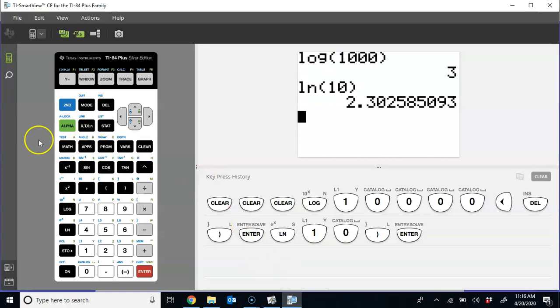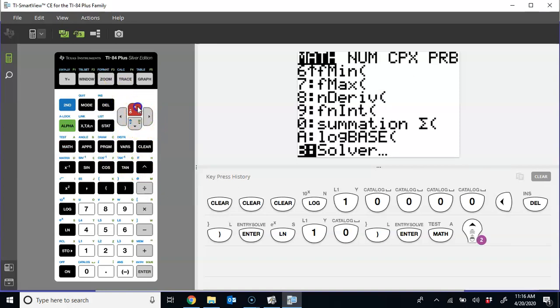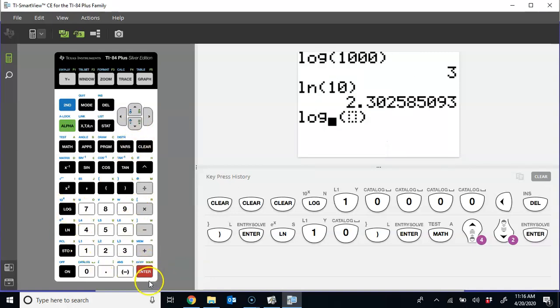Let's go back to our little fun math menu. We've used it before for the cube roots and things like that. If you go in that math menu down near the bottom of the list, you see this little log base guy. The log base is going to give you a logarithm, and you can type in any logarithm base you want, and any value you're trying to find. 2 to what power is 6?